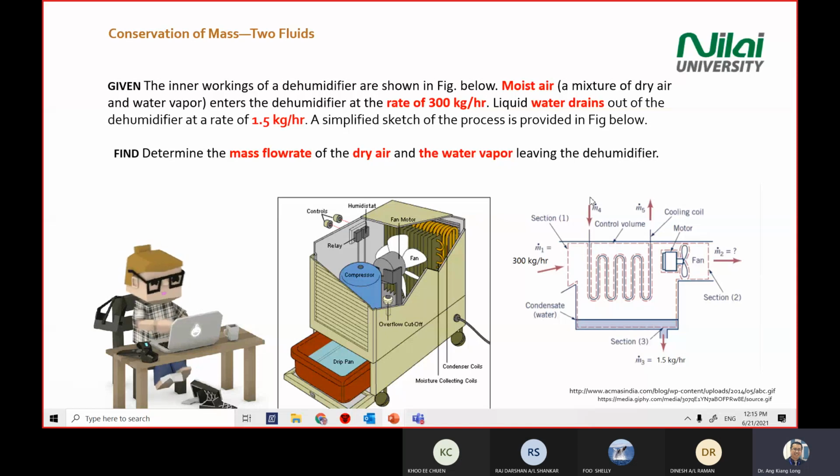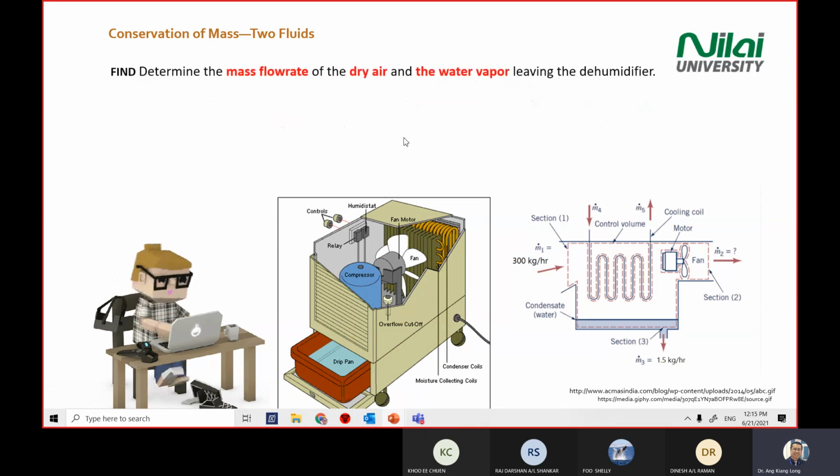If your M4 is higher than M5, it means that the M5 coming out here is less, so there's a leakage in the system here. However, for this one, we will go for simplified cases.